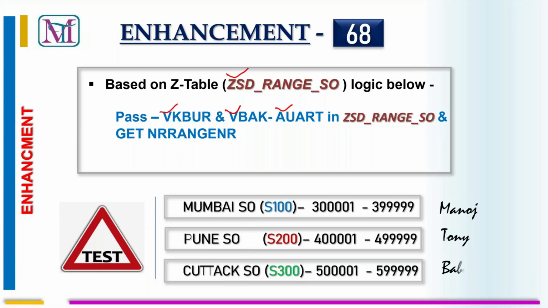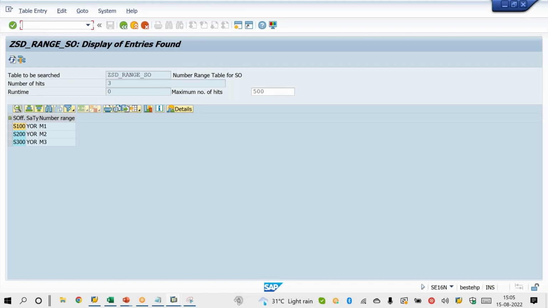Now how to test? I have created 3 customers. First customer is Manoj, second customer is Tony, third customer is Babulu. If you go to XD02 change mode and check sales area data, sales tab, you will get the sales office. For Manoj, the sales office S100. For Tony, S200. For Babulu, S300. So go to XD02 for confirmation.